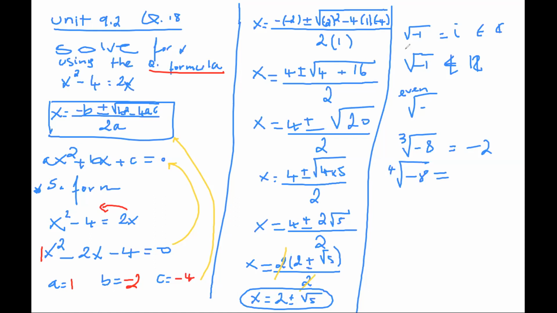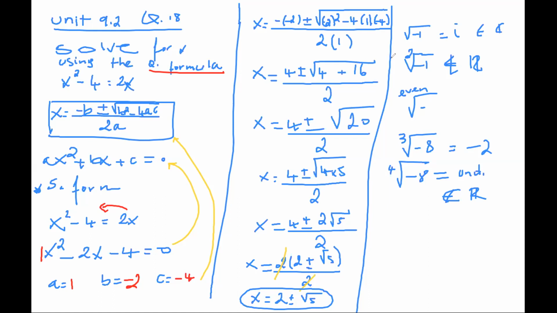Just like here, what is the index of the square root? 2. Okay, so if this is even, then it's not a real number. It's undefined or not in the group of real numbers. Or you simply say undefined.